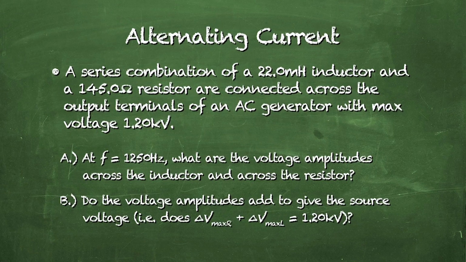At a frequency of 1250 hertz, what are the voltage amplitudes across the inductor and across the resistor? And then a question: do the voltage amplitudes add to give the source voltage? I.e., does delta V max across the resistor plus delta V max across the inductor equal 120 kilovolts?